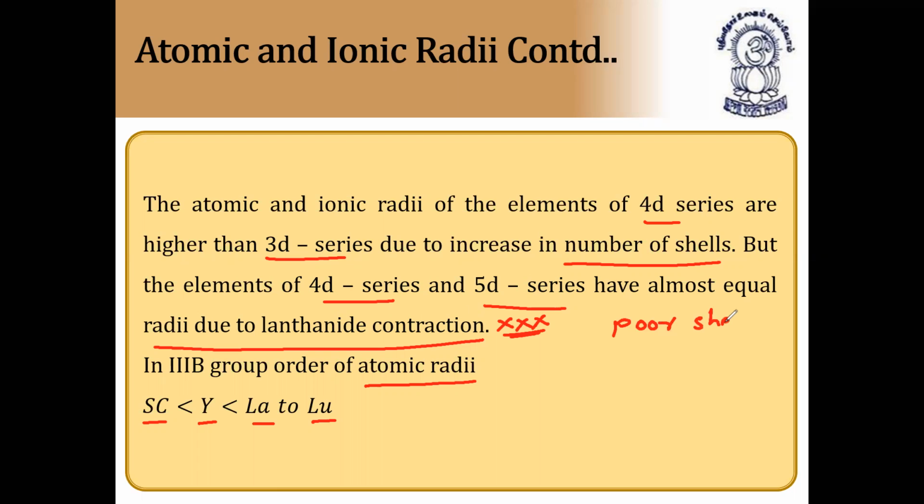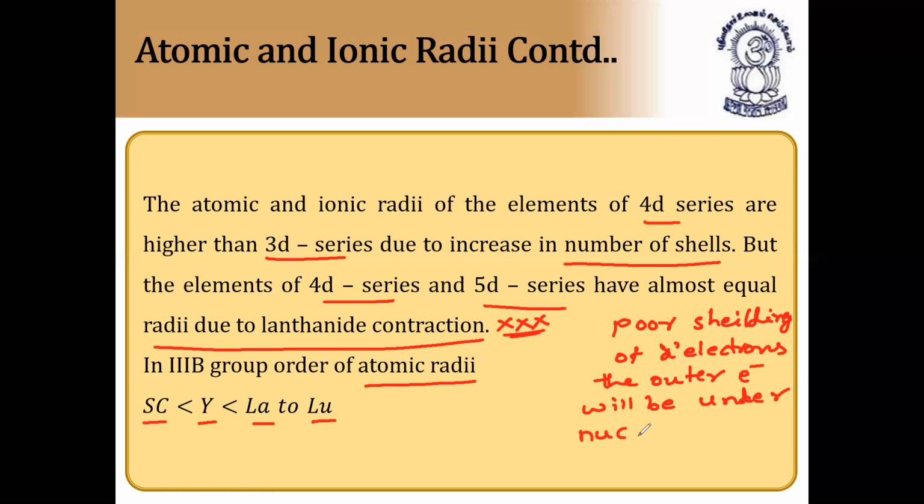Due to poor shielding of d electrons, the outer electrons will come closer to the nucleus. The outer electrons will be under nucleus attraction.